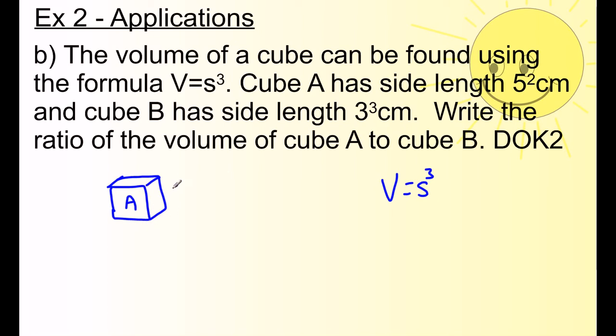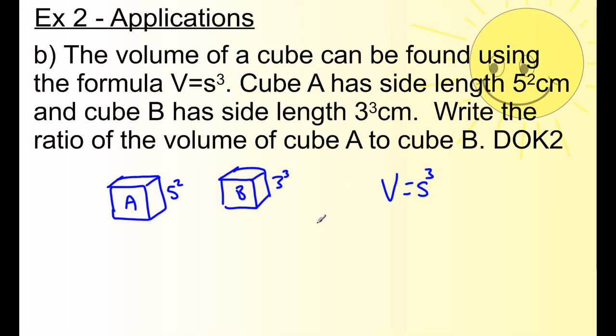So each side is 5 squared centimeters. Cube B has side length 3 cubed centimeters. So 5 squared, 3 cubed. Okay, write the ratio of the volume of cube A to cube B.